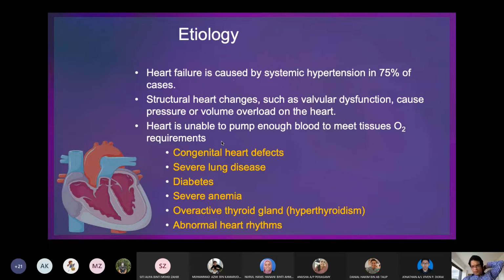Now, what is really causing all this problem? As I just said, hypertension is considered the most common cause of chronic heart failure, mostly through ventricular hypertrophy. Yesterday we discussed how angiotensin 2 contributes to hypertrophy of your left ventricle.